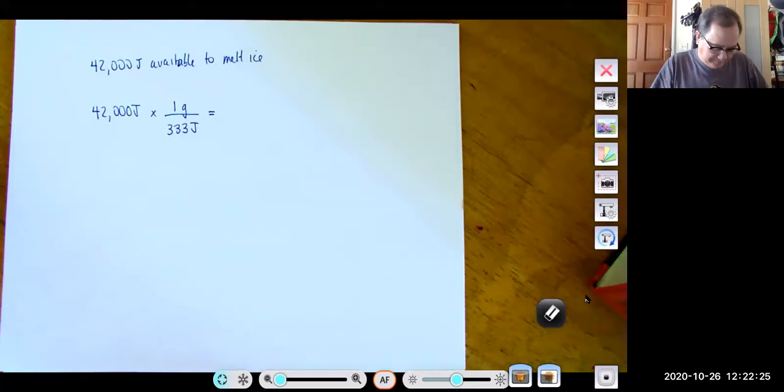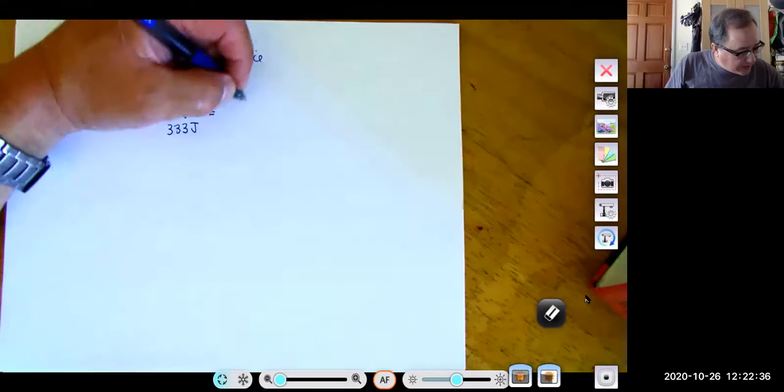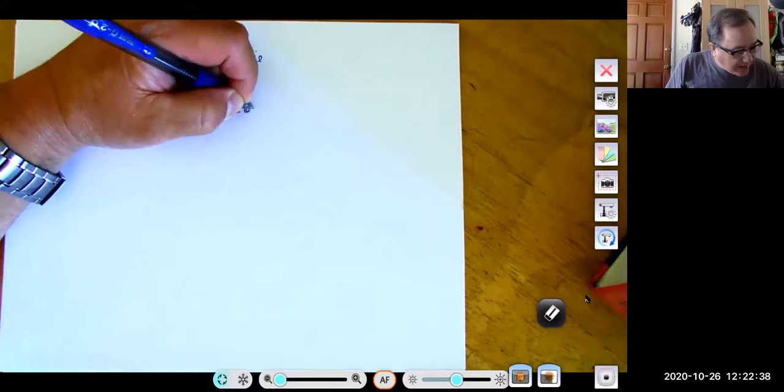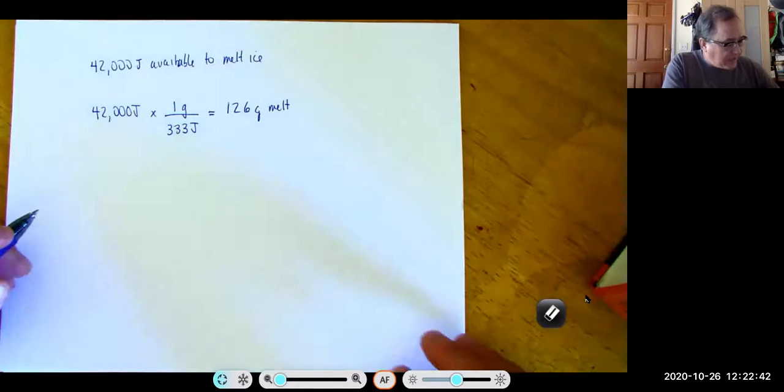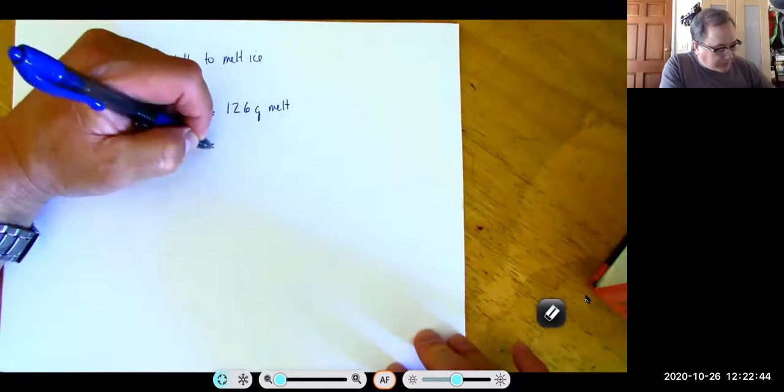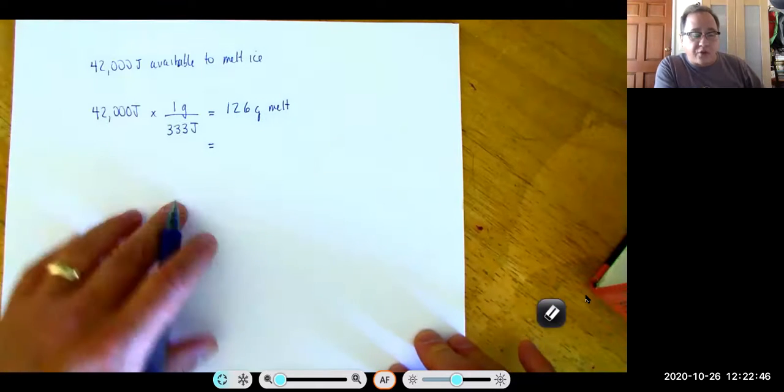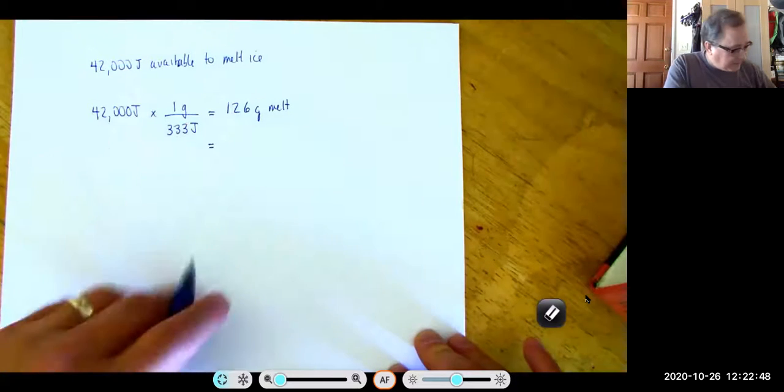So let's find out what we get. 42,000 divided by 333, and we get 126 grams melt. Now, really, when we round, this will become 130, but we're not going to round yet.